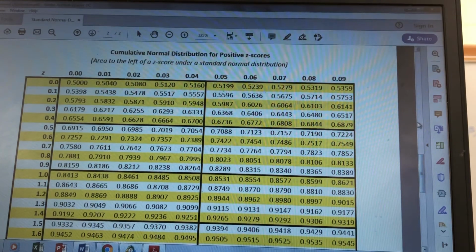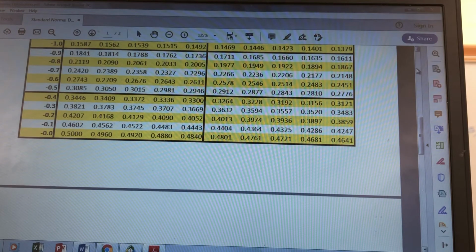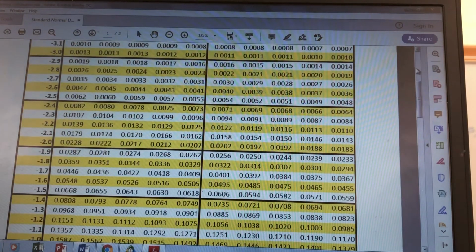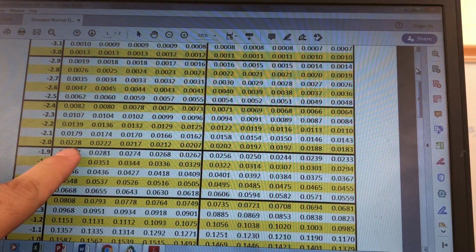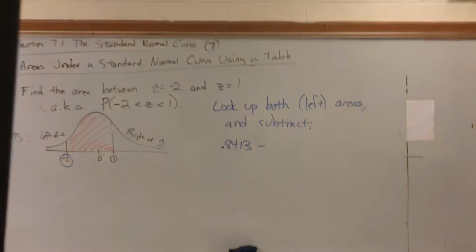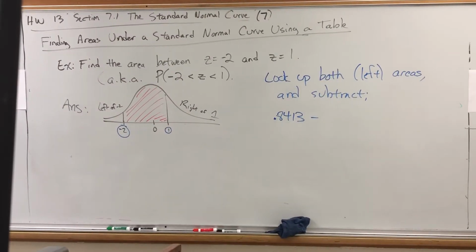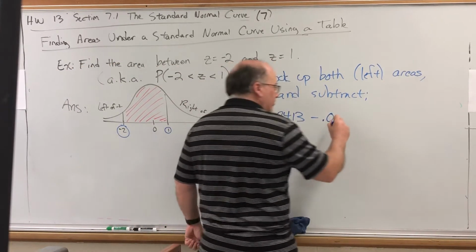I'll have to scroll back up to the first page. So -2 is here, and then 0 is the first column, so 0.228. Let's put it back over here now. 0.228. Or 0.0228, excuse me.